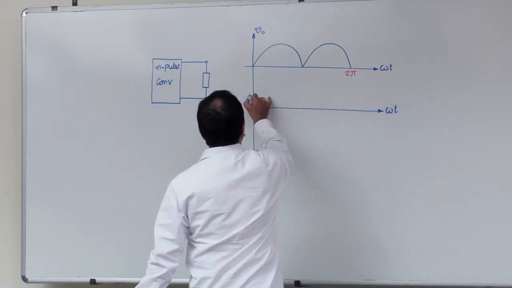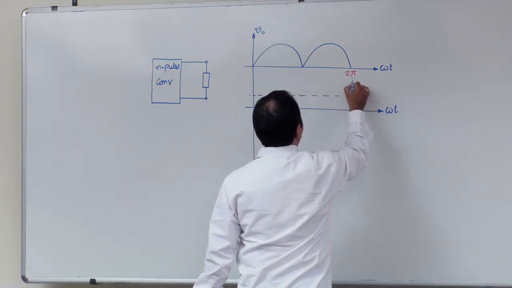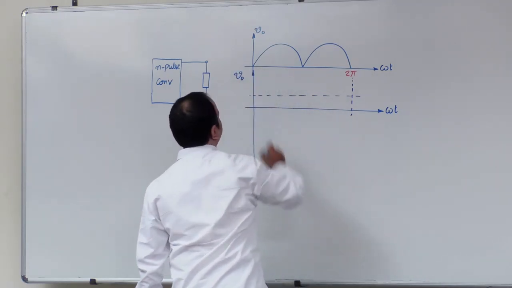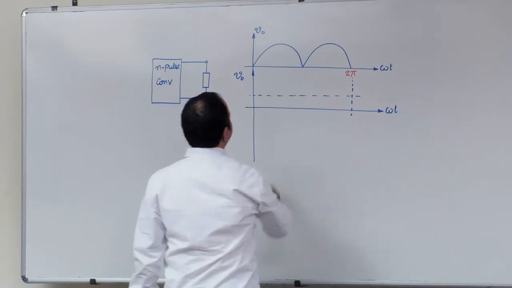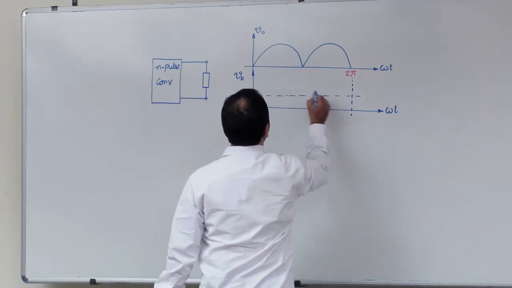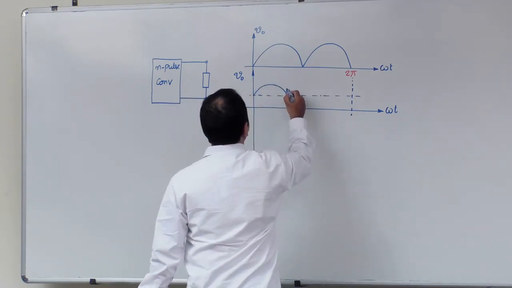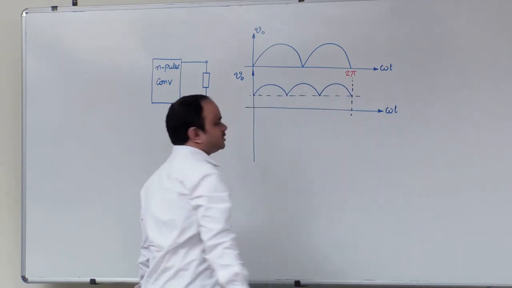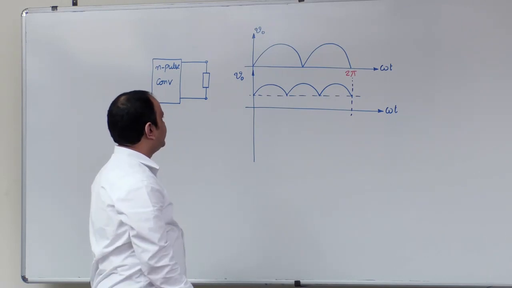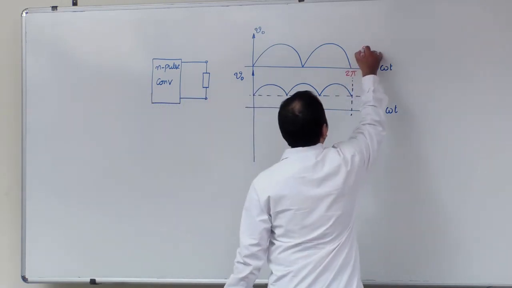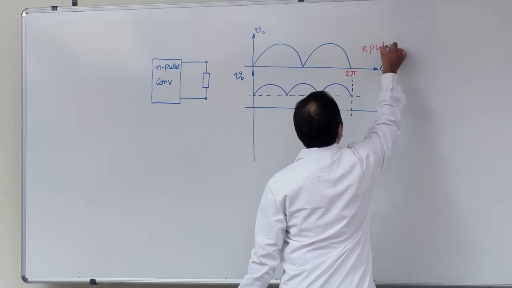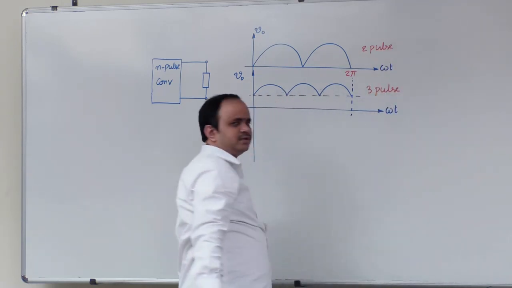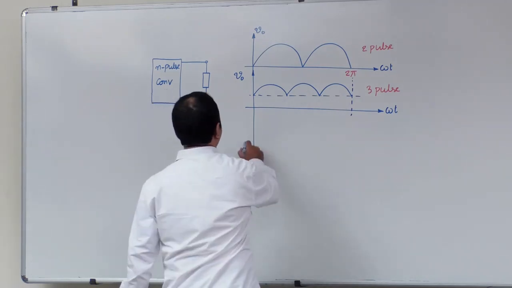Now, for example, if I have an output voltage pattern something like this, okay. So in this particular case, what we can say, there are 3 pulses in the output voltage, okay. This is 2 pulse converter and this is output voltage of 3 pulse converter.